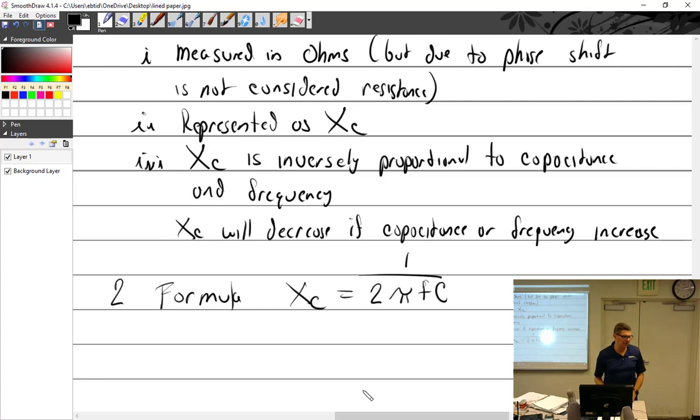So if you had a piece of paper and you were keeping track of the formulas that you should know, I would want to put on there definitely how do you add inductors, how would you add capacitors, series and parallel. I would want to have X of L equals 2 pi FL. I would want to have X of C equals 1 over 2 pi FC. Those are the things I would want to see.